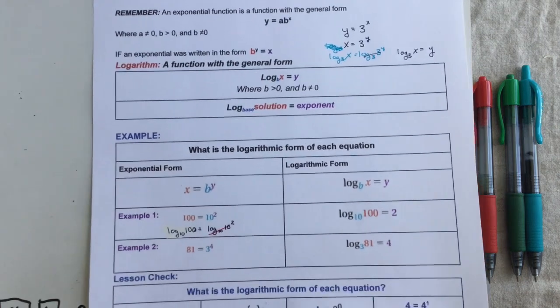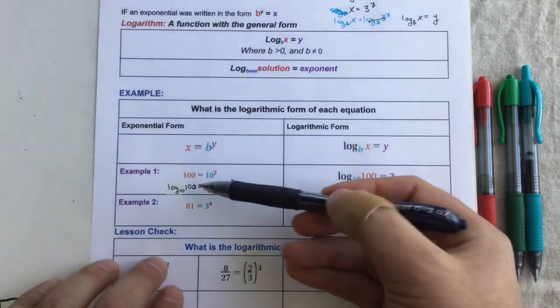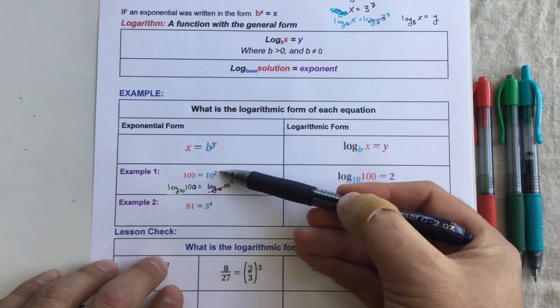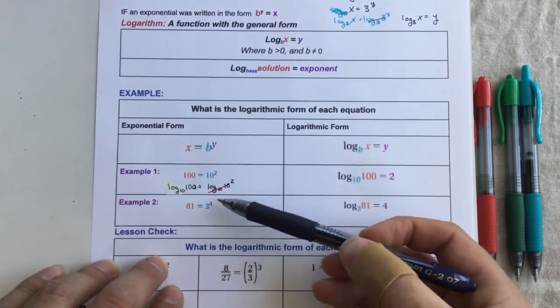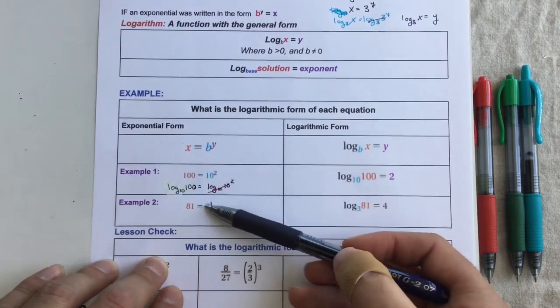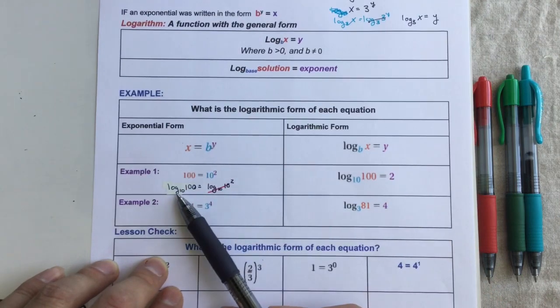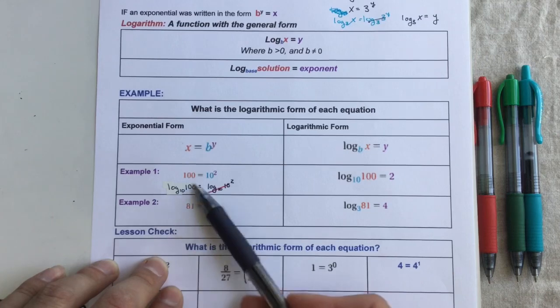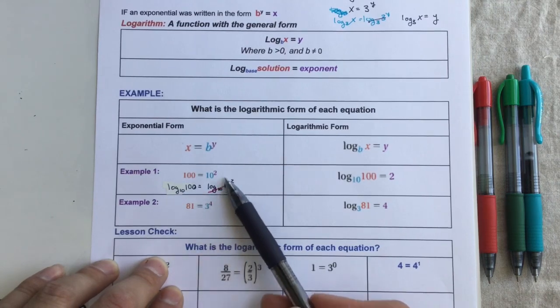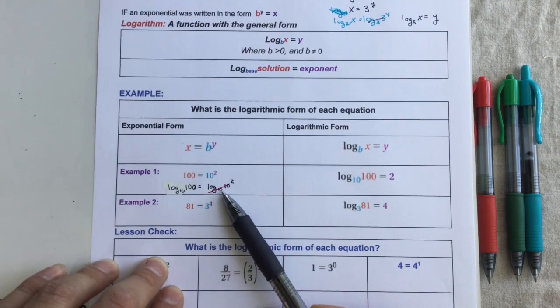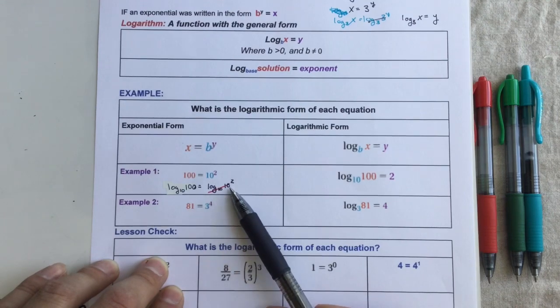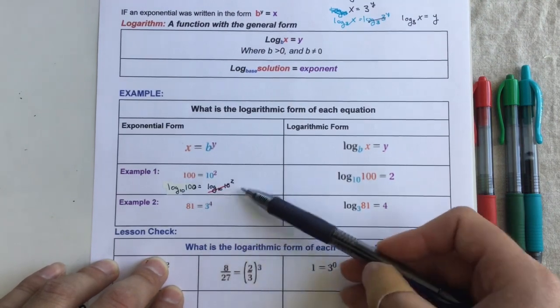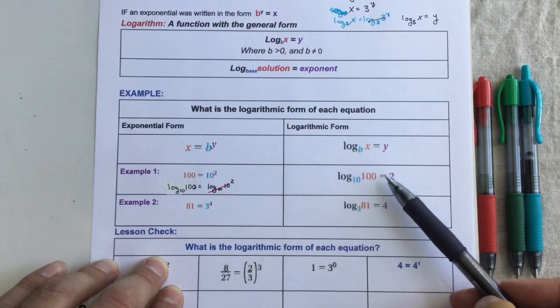Let's take a look at a few examples. If I have 100 equals 10 squared, we can agree that 10 times 10 does equal 100. I can rewrite this in logarithmic form by taking the log base 10 of both sides. Now if I do it to the left side, nothing is canceled. If I do it to the right, it's log base 10 of 10^2, that was our base, that gets eliminated, and you're only left with that exponent of 2.